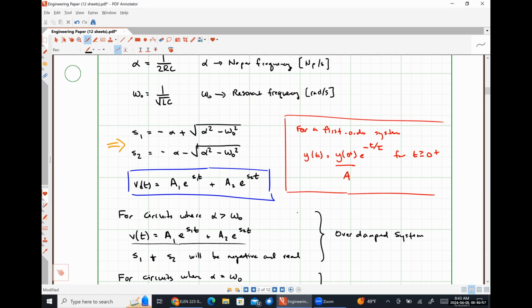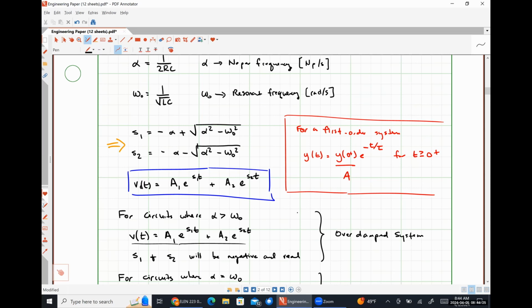So anybody have any thoughts? What's happening with the stuff under the square root sign? Right. So alpha squared minus omega naught squared will be a negative number. And because we have the square root of a negative number, we have an imaginary number.